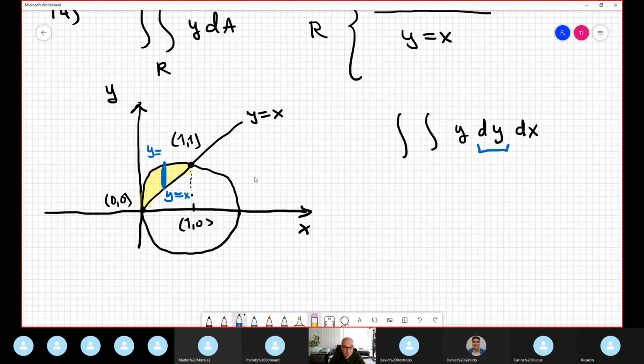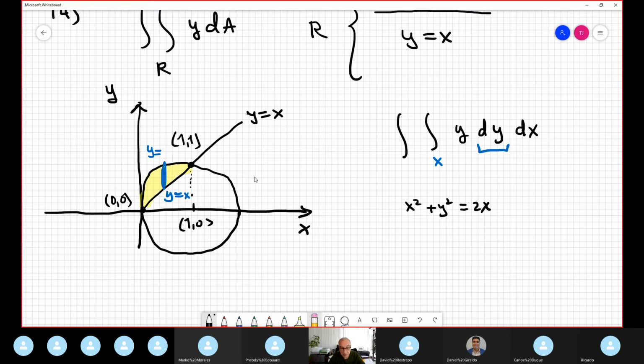So this is x. And the other is the y of the circle. Let me copy my equation for the circle, which is x squared plus y squared equals 2x. You isolate the y.